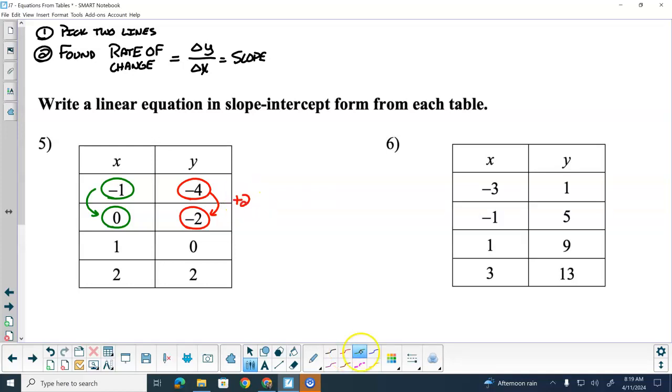What's the change in the green? +1, I would agree with that. So my rate of change would be the change in the y, red number, over change in the x, green number. So my slope here would be 2 over 1, or just simply 2. Exactly. Just 2.